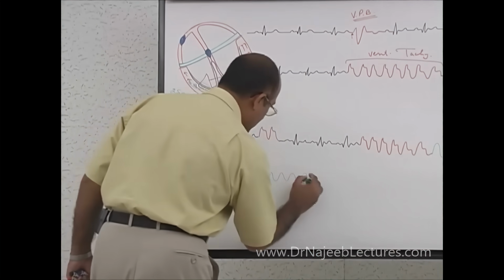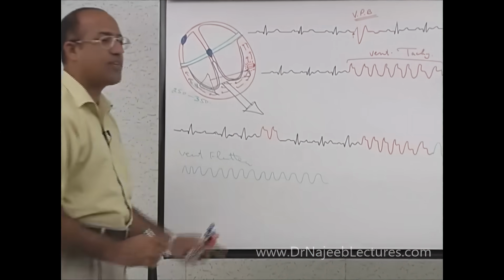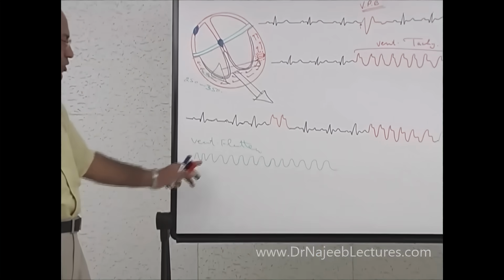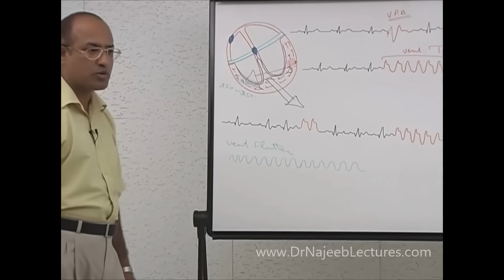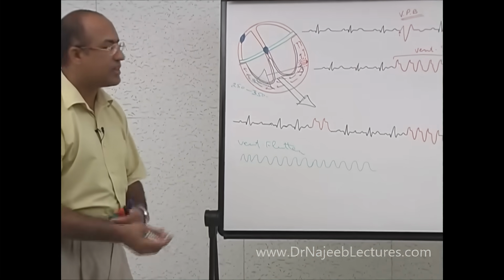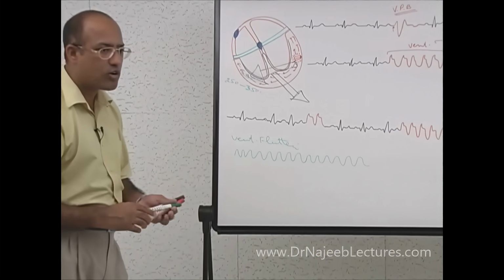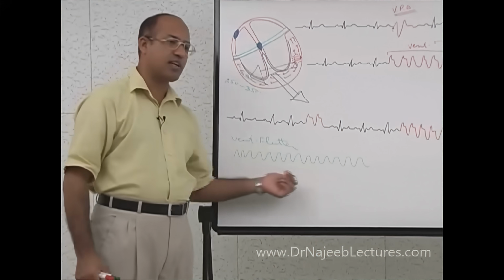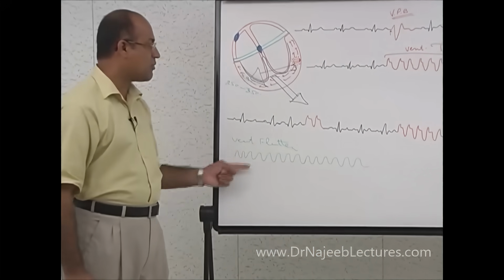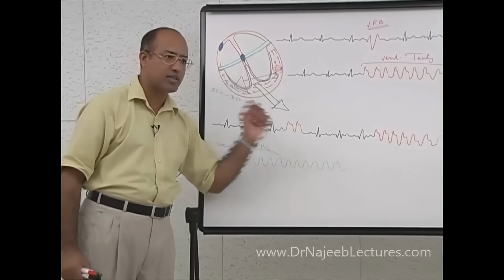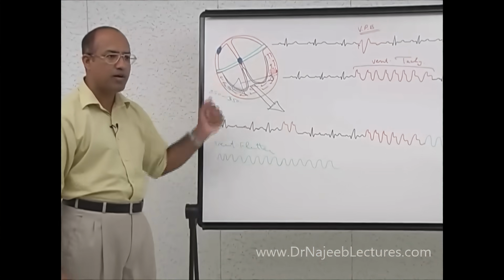But remember, if ventricular flutter continues for a significant time, then the heart's mechanical activity cannot follow such fast electrical activity. This is showing the fast electrical flutter activity, but mechanically the heart fails to pump.